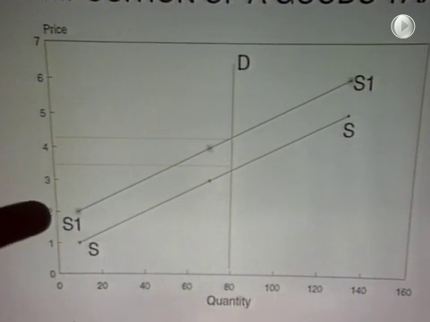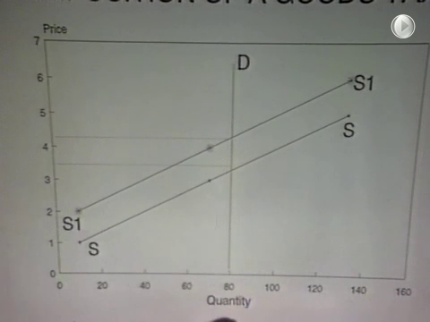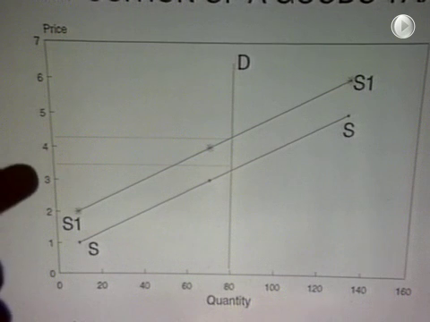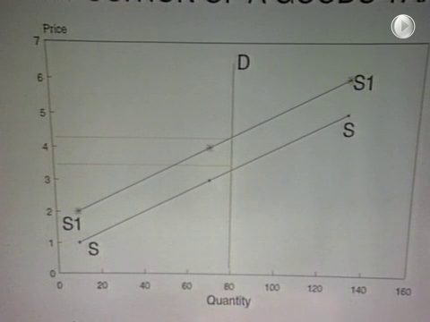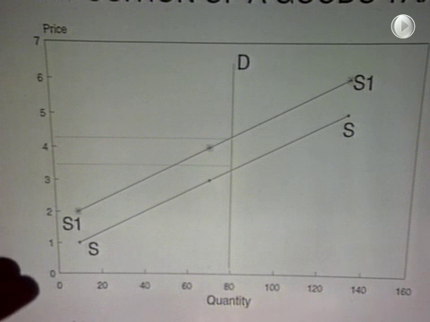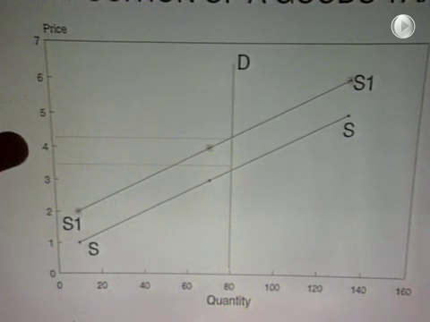The producer initially traded at a quantity of roughly 80 and a price of slightly over 3. Then the tax is introduced and the supply curve shifts upwards. The consumer pays a higher price, but the producer receives the same price for his particular output.